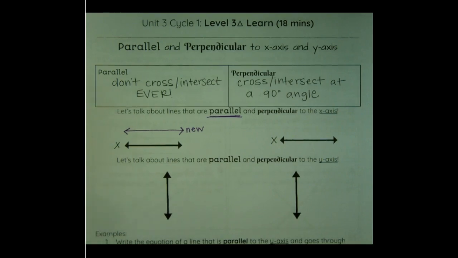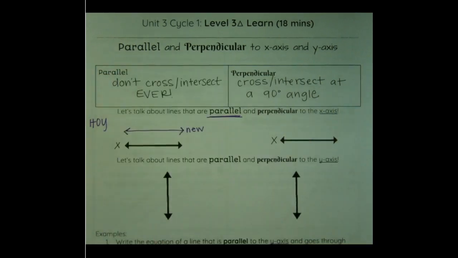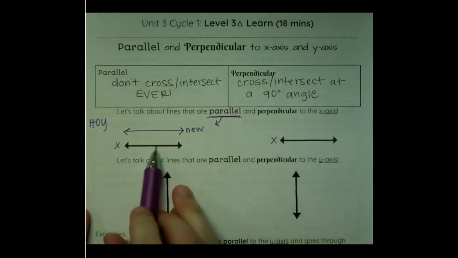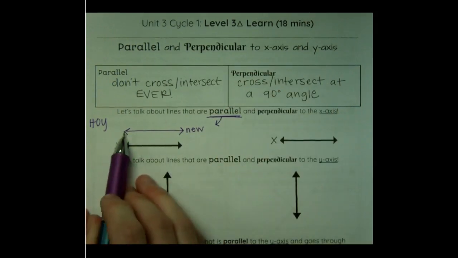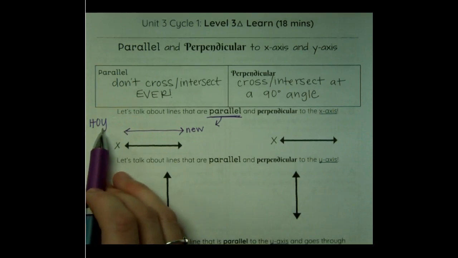Now to write the equation of this new line, this is a horizontal line, so I'm going to use HOY to do that. So right now we don't have any numbers, but we can just say, okay, parallel, we know that's right next to it, never touching it. And to write the equation of this new line, it is a horizontal line, so we're going to use y equals.